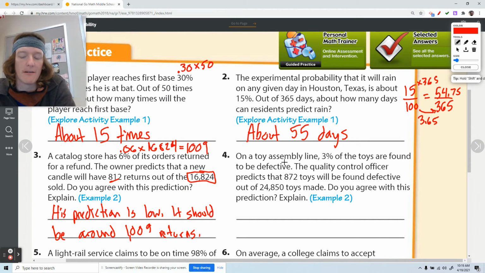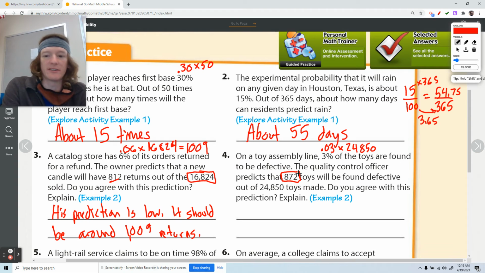Number 4, on a toy assembly line, 3%, 0.03, of the toys are found to be defective. The quality control officer predicts that 872 toys will be found defective out of 24,850 toys made. So let's multiply this by 24,850 and find out the actual number and compare it to their prediction of 872.